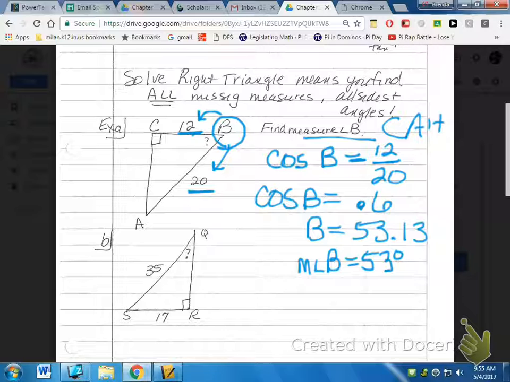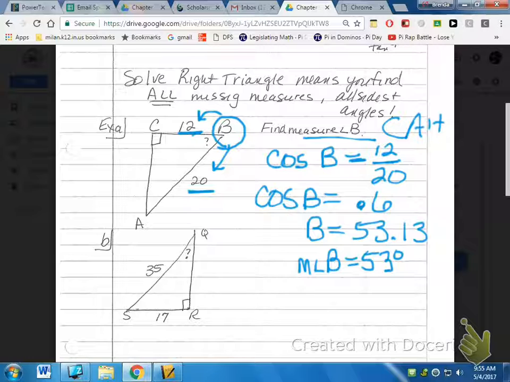So you analyze what information you're given. How are the sides related to the angle in question? Pick the correct trig function. Write the correct ratio. Use the inverse of that trig ratio.